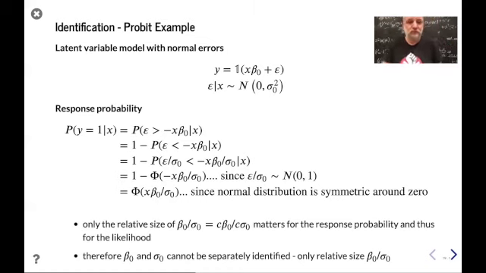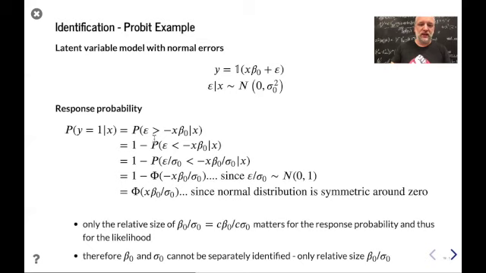Here, I essentially took the same steps as before, deriving the response probability for this latent variable model, where I specified what distribution epsilon has: the normal distribution. So we got our response probability here, and we can rewrite that as 1 minus the probability that epsilon is smaller than minus x beta.